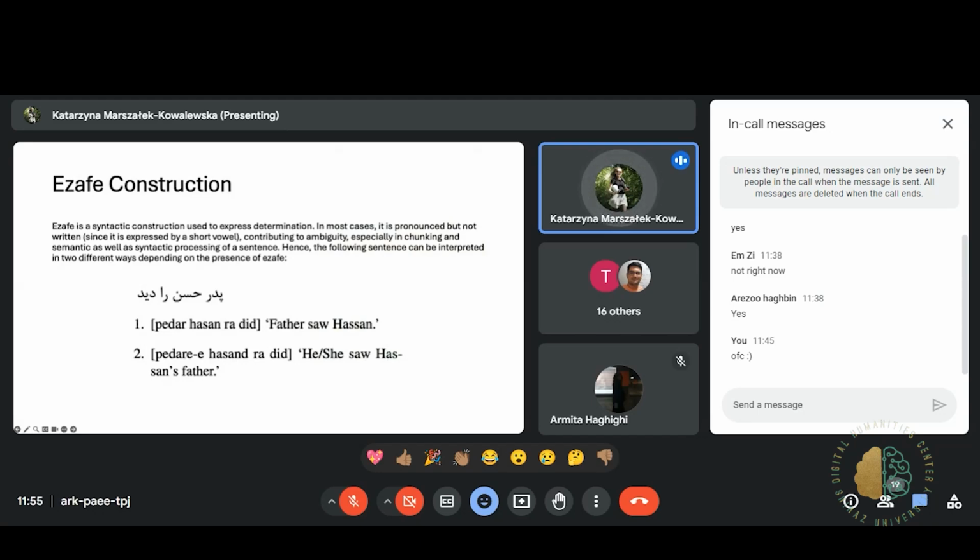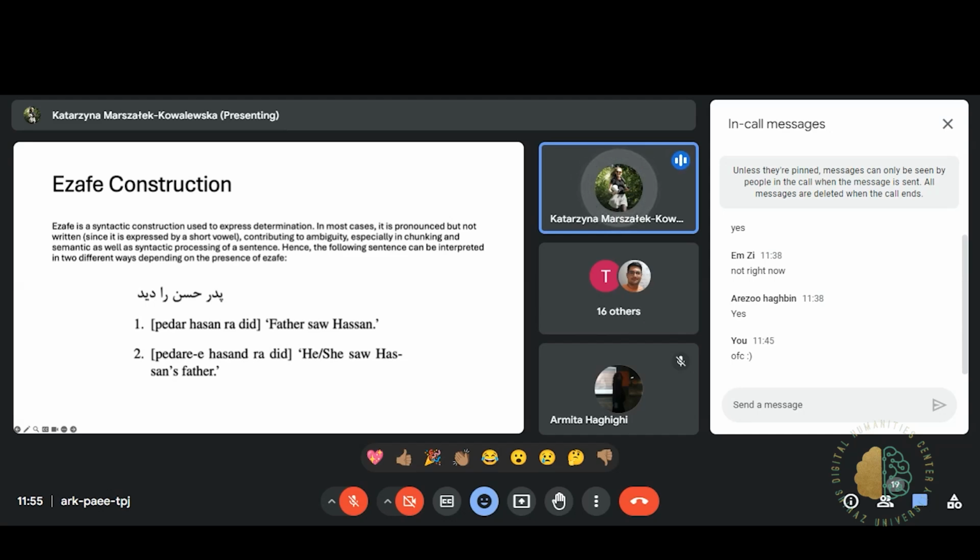The ezafe construction. I don't really think I need to explain what it is, since for native speakers of Persian, as you are, I don't have to actually explain it. Just one hint: the ezafe construction is expressed again by a short vowel, and since short vowels are not usually written, it can contribute to ambiguity, especially in chunking and syntactic and semantic processing of a sentence.